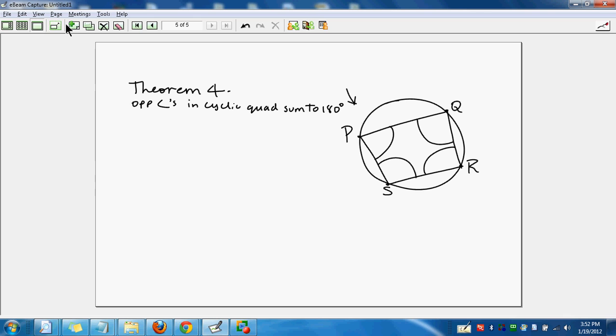Without measuring, find the value of the unknown angles in the circle, giving reasons for your answers.